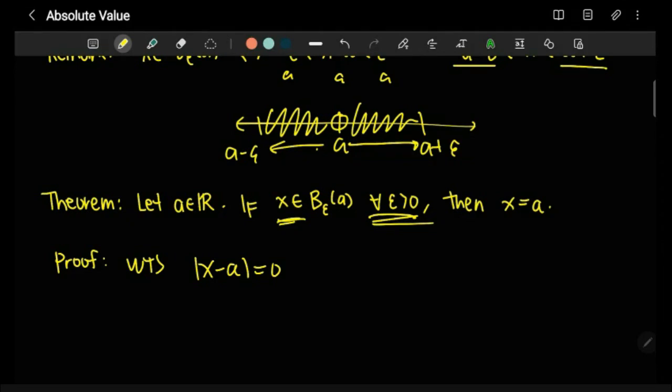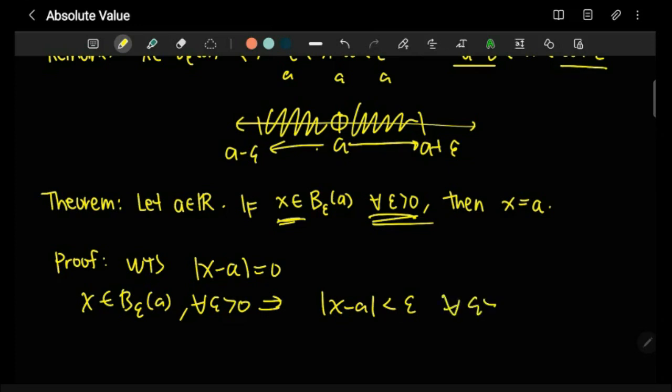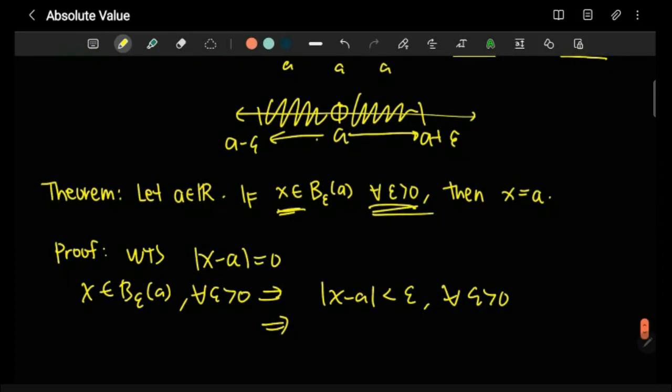Right? Syempre from the given that x is in the ball, for any epsilon that you get, then ang ibig sabihin nun, si |x minus a| is less than epsilon for any epsilon. Now remember, yung properties natin ng 0, meron kang number na less than positive number for any positive number.